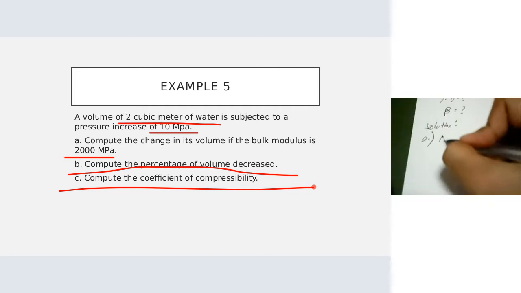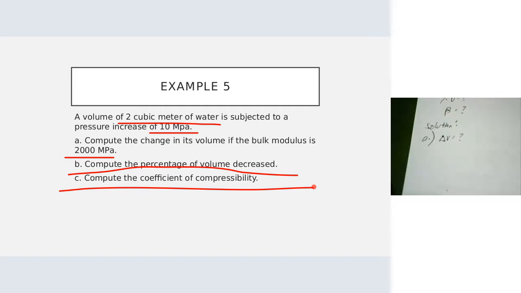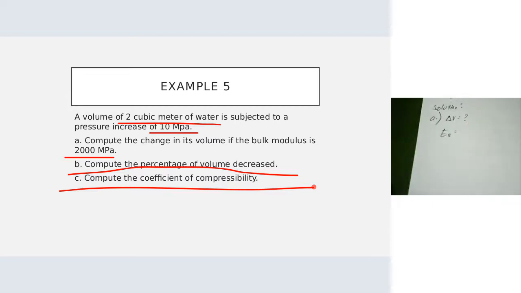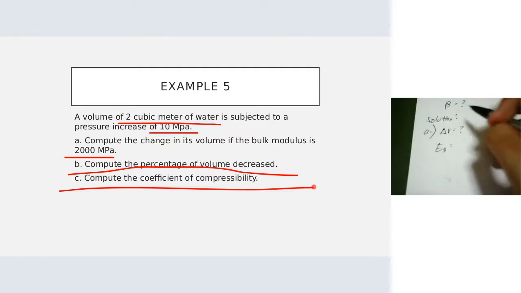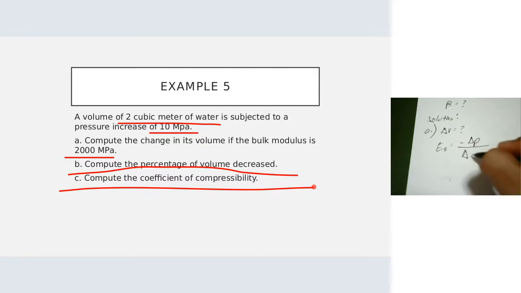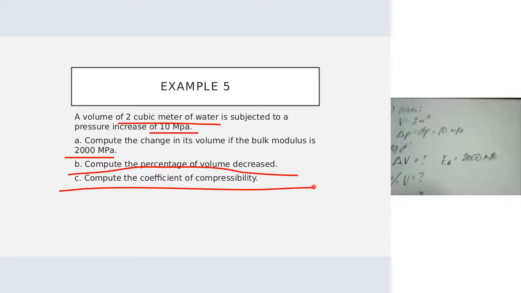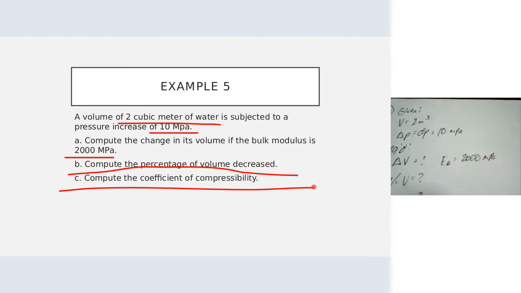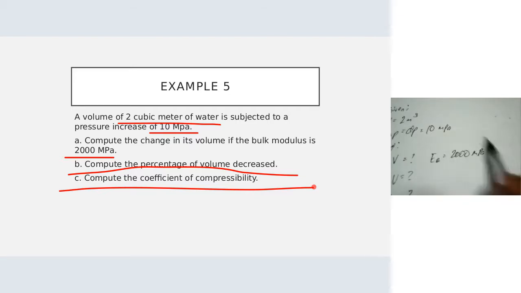Let's begin with the change in volume. So from the equation, E sub B is equal to negative delta P over delta V over V. So we are given the delta P, the V, and the bulk modulus of elasticity.